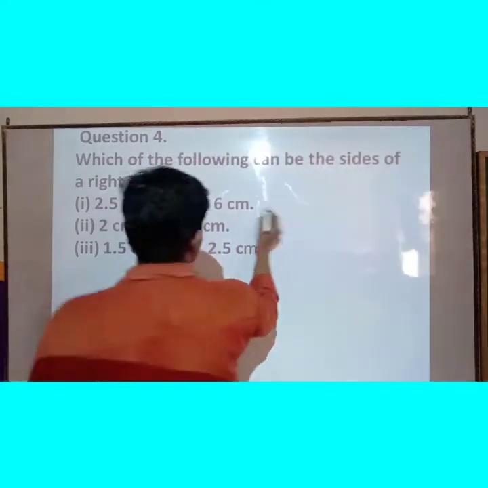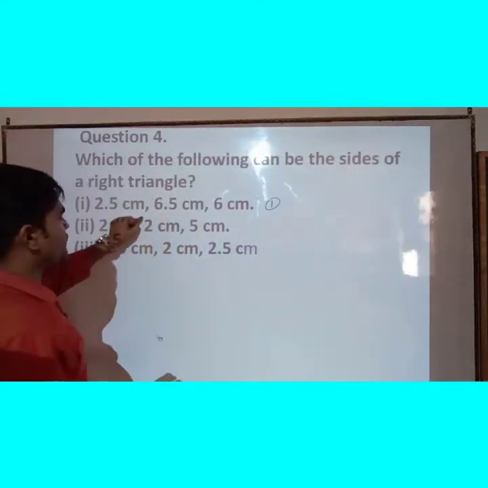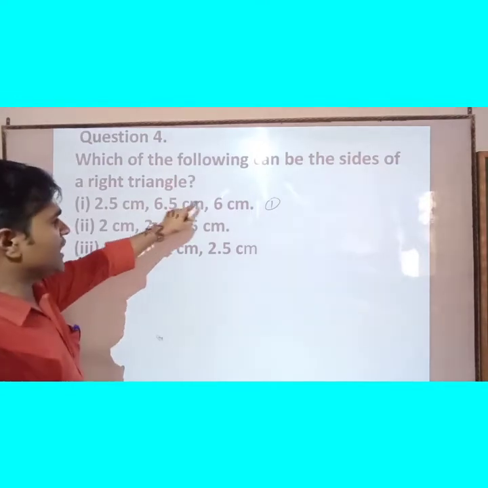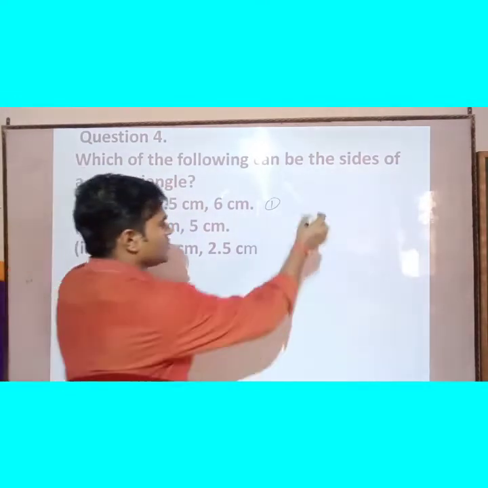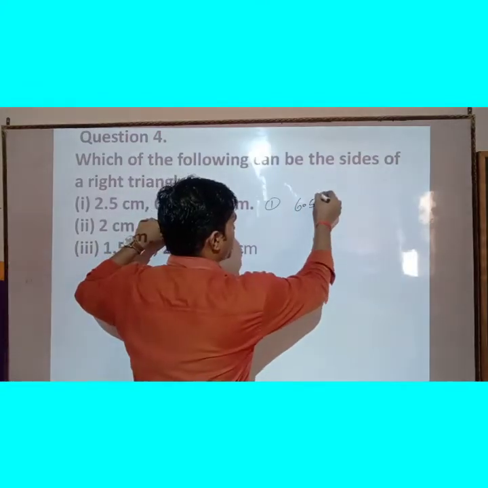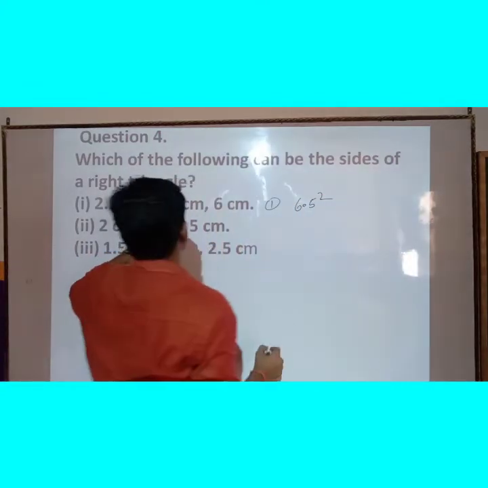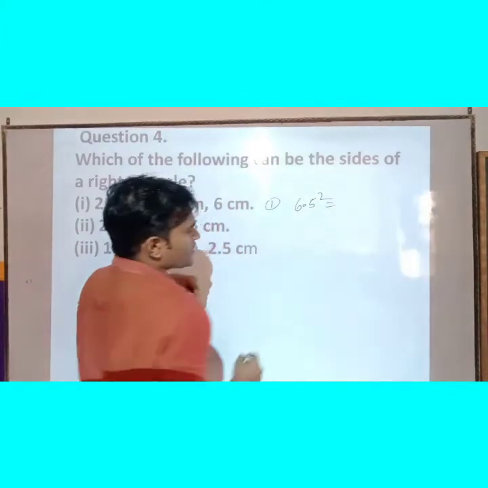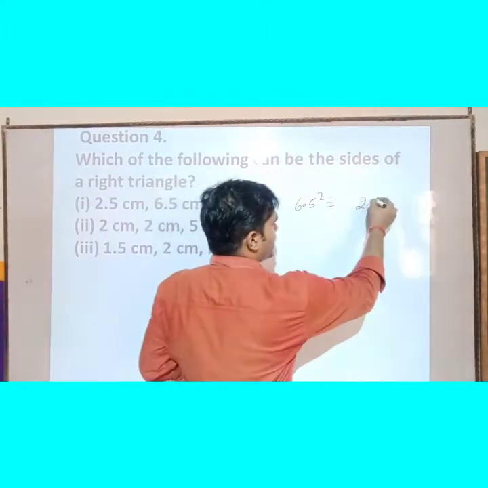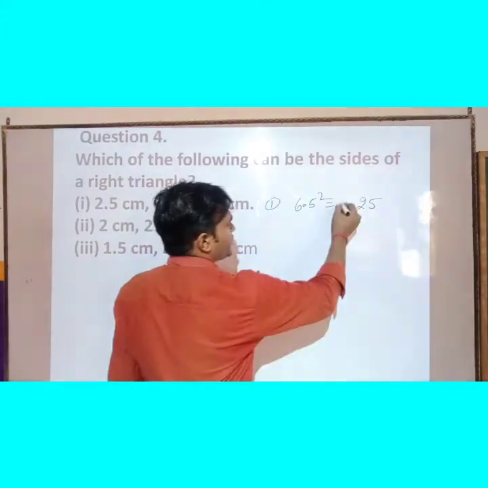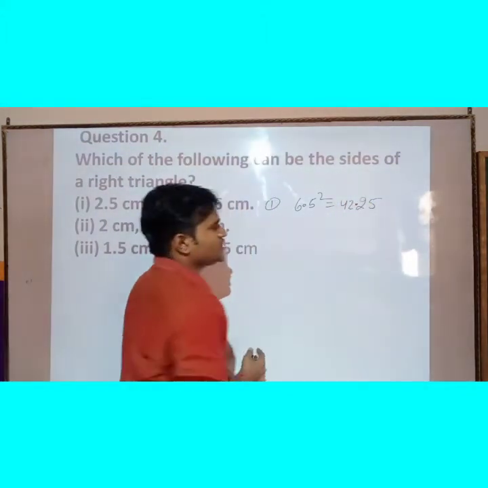So children, in the first one, given are 2.5 centimeter, 6.5 centimeter and 6 centimeter. The longest side is 6.5 centimeter. So the square of 6.5 centimeter: 5 5s are 25 and 6 7s are 42, means 42.25.